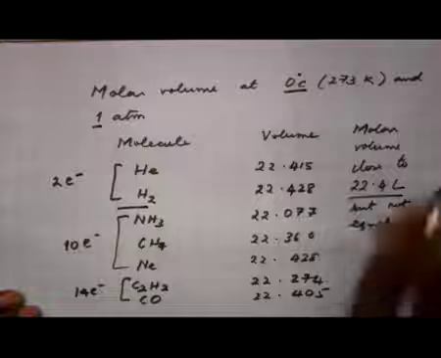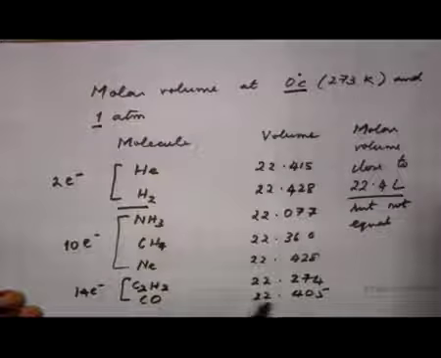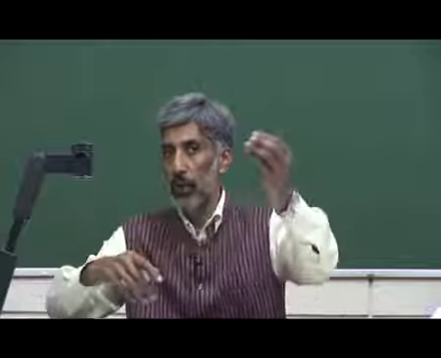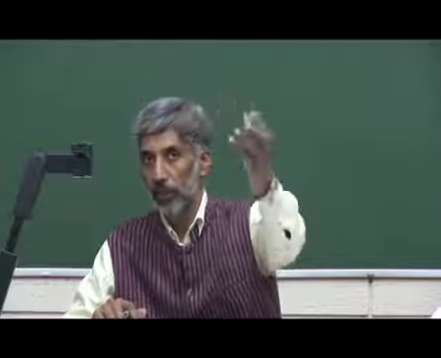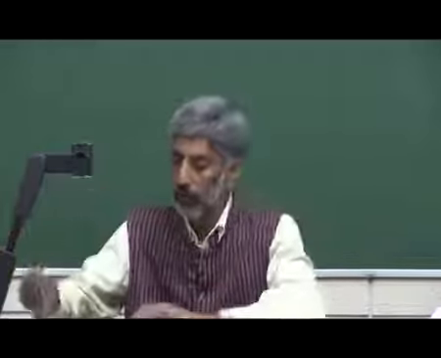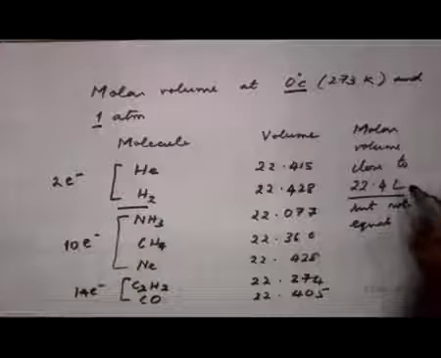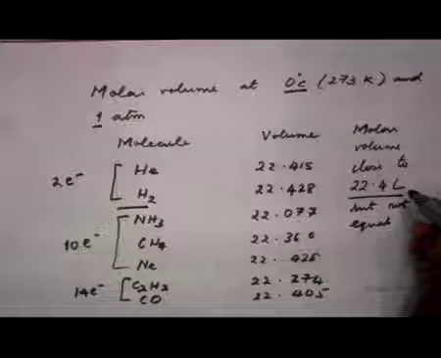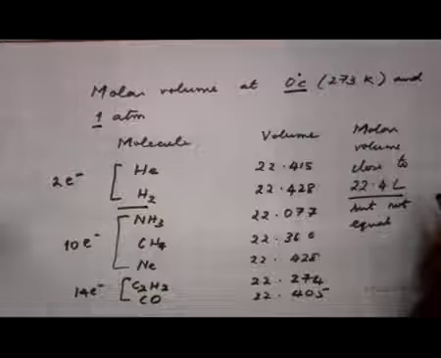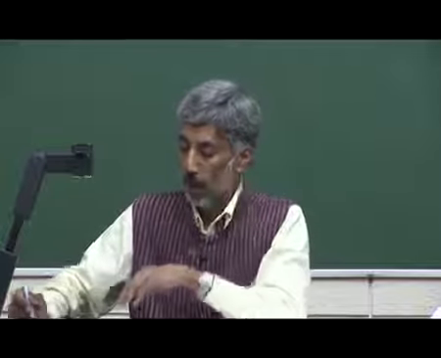So, if the gases were behaving ideally, as in the kinetic molecular model, that all the mass of a gas is due to the molecules, that the molecules occupy no volume, and that there are no attractive forces, they just come and collide, then you expect all gases to behave identically. So, we are saying that they are close, which means that there are some things which go against the kinetic model, but they are close enough.